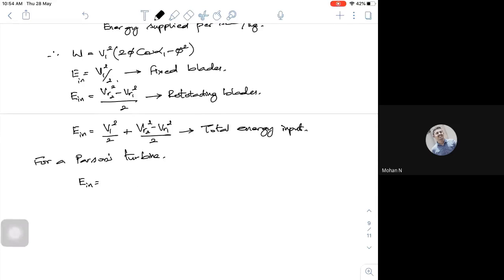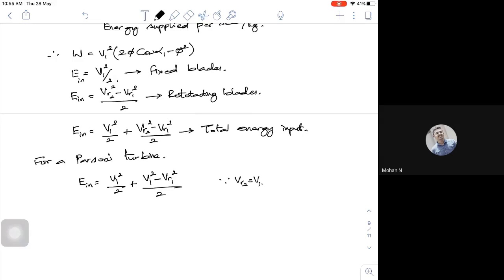Your V1 square I will retain as it is. What is my VR2? VR2 is equal to V1. I can write it as V1 square minus VR1 square by 2. This is because my VR2 is equal to V1.